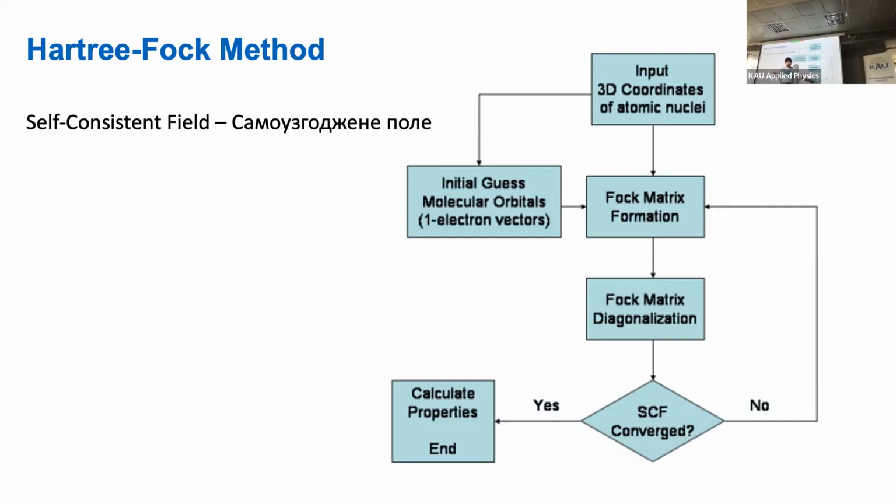Our calculation will be converged when the psi function for one electron is very close to this mean psi function, because this electron is not unique in the system. Then we say, okay, we got the solution, and we can calculate energy and some other properties.